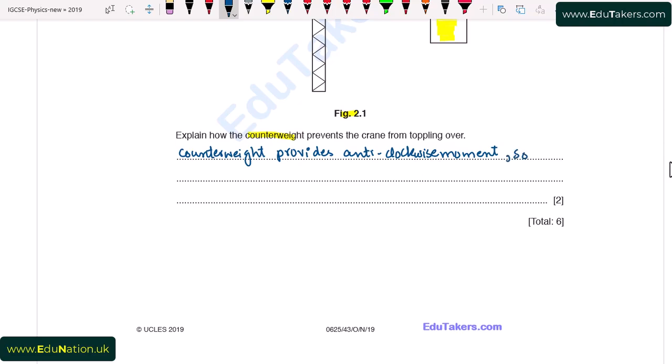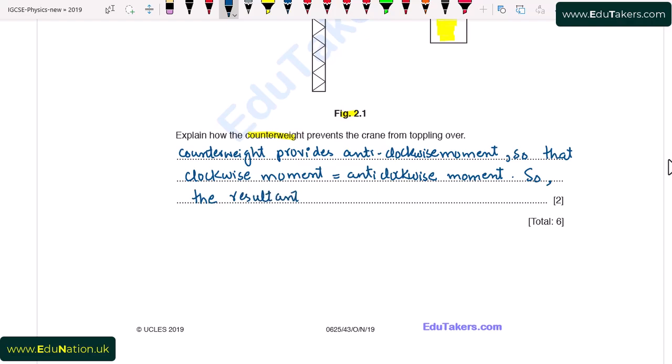I write here, so that clockwise moment becomes equal to anti-clockwise moment, so the resultant turning effect will be equal to 0. In this way, the counterweight prevents the crane from toppling over.